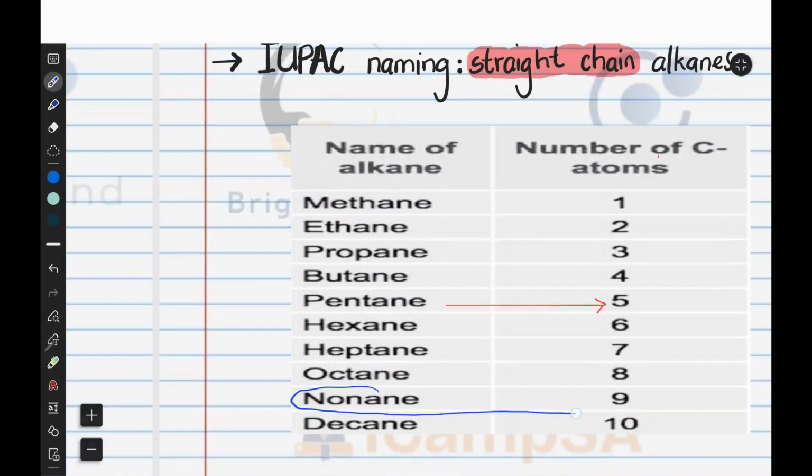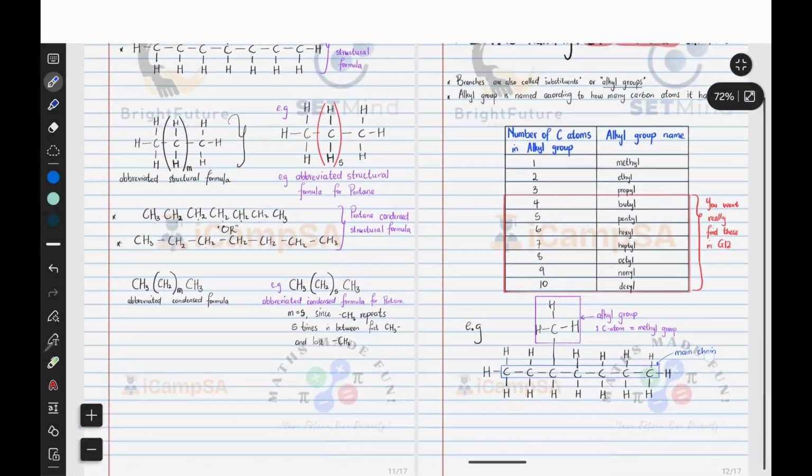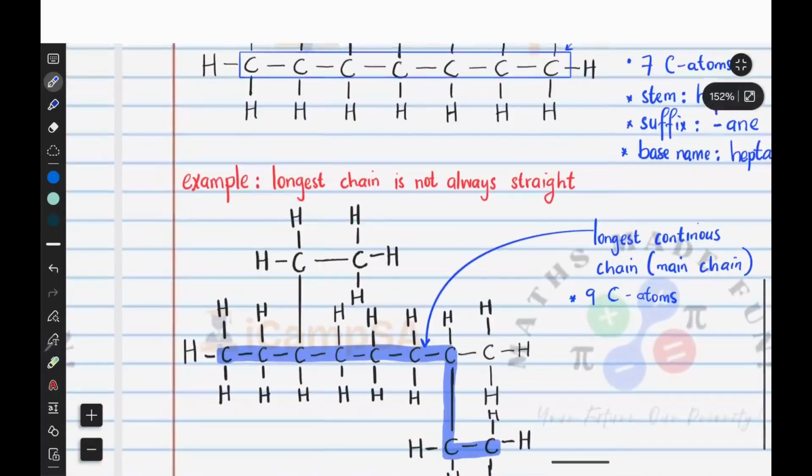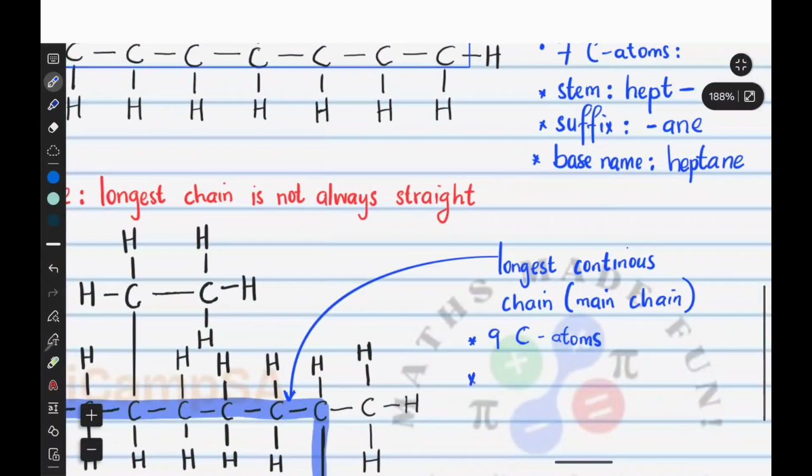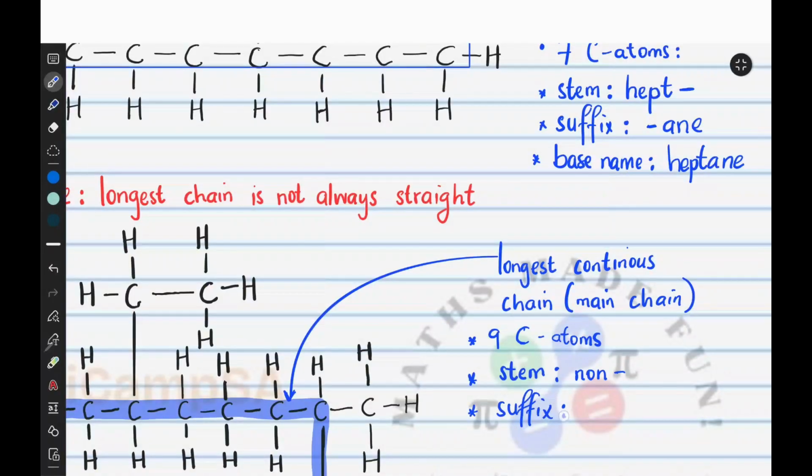Non- is what we use to name our parent chain. So our parent chain's name would be nonane. The stem would be non, and the suffix, since we are still dealing with alkanes, will be ane.